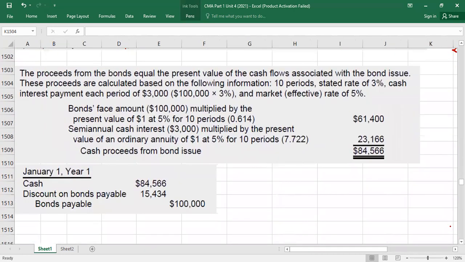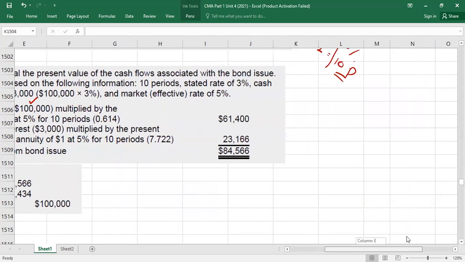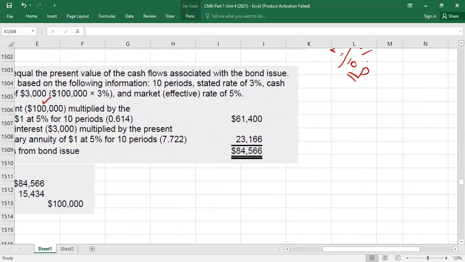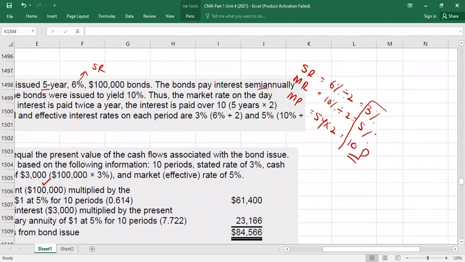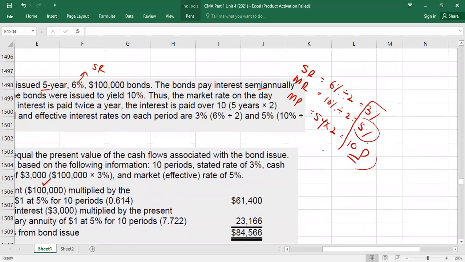How will you calculate present values? First, I am calculating the present value of face. Face value is how much? 100,000. I have to multiply. What was the market rate? Adjusted, market was 5, right? And maturity period is 10 periods.